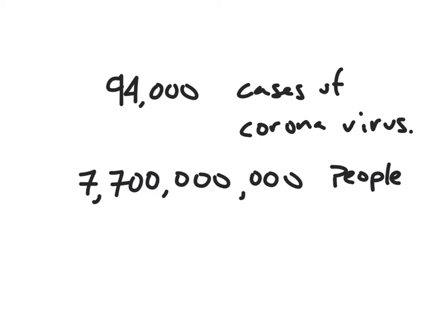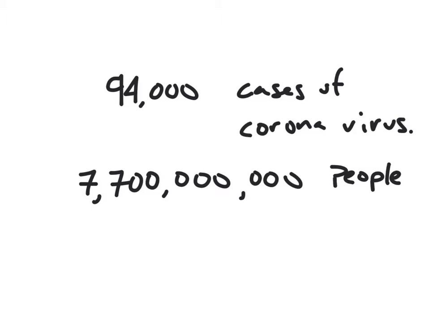Okay? So what I want to do is figure out what percent of people currently have coronavirus. How would I do that? What would I do to figure out the percent of people that have coronavirus? You use division, right?